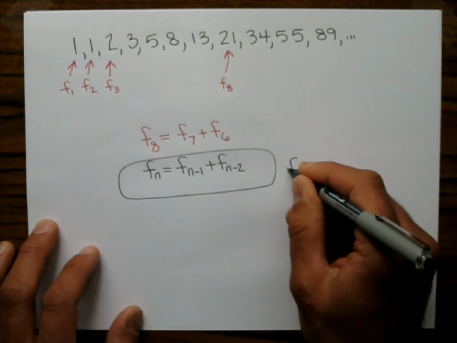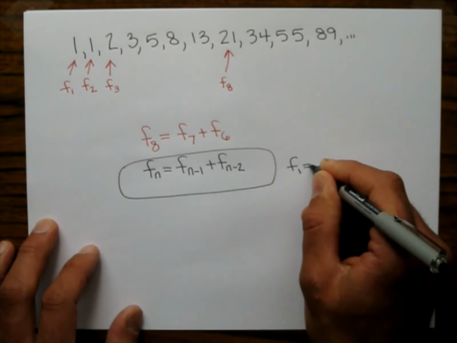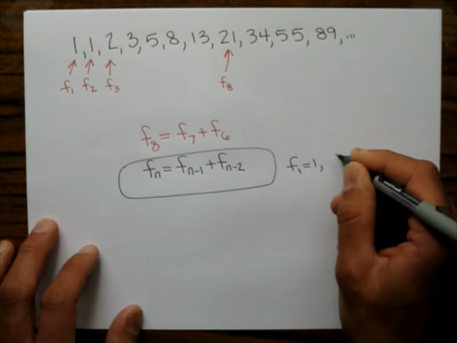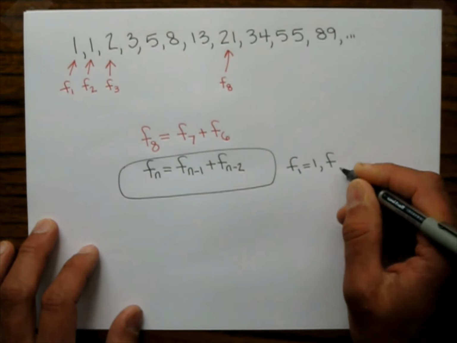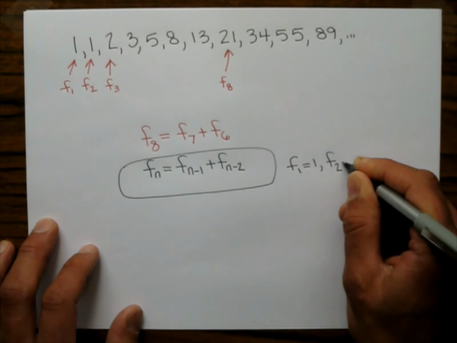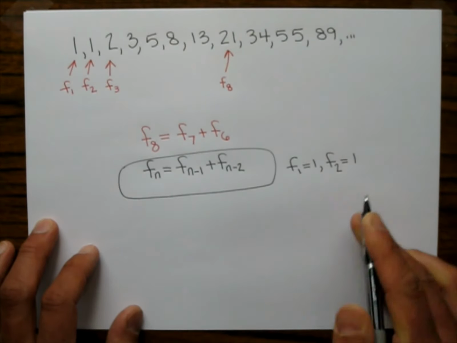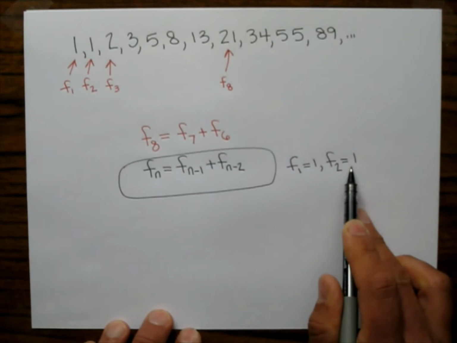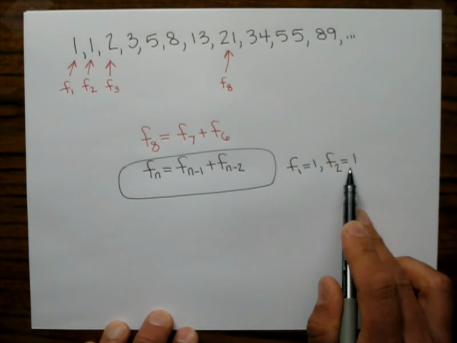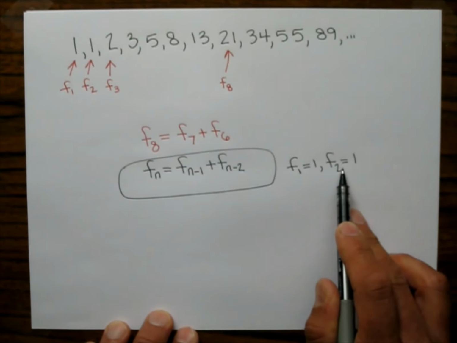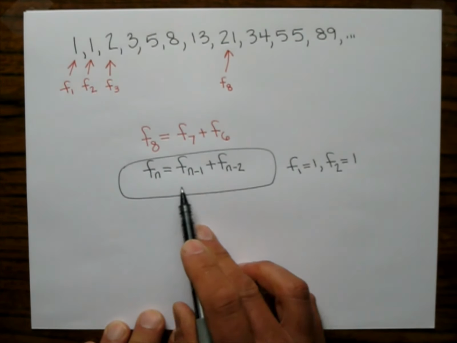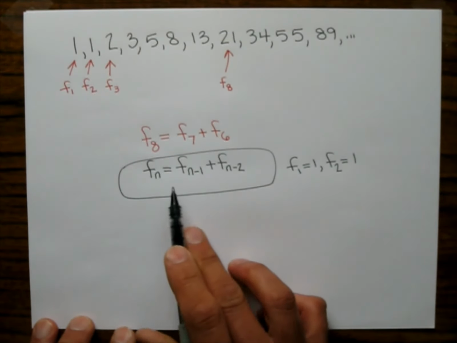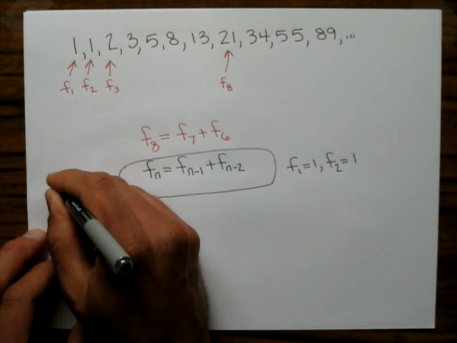And if you have a recursive formula, they usually have to give the first 2 or the first few terms of the sequence. So F1 is 1, F2 is 1. These are like your stepping stones to get you to F3. And then you use F3 as a stepping stone to get to F4. And so there's the formula.